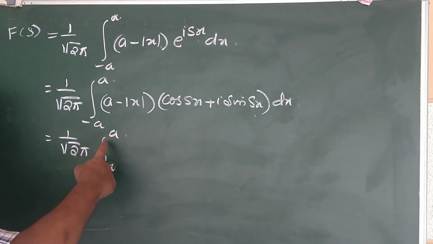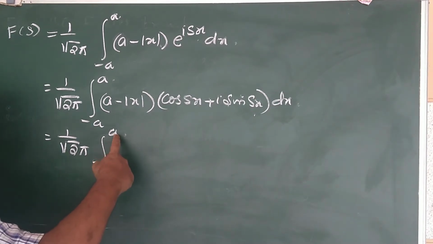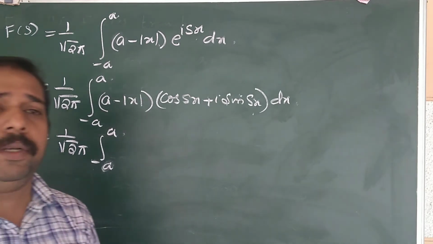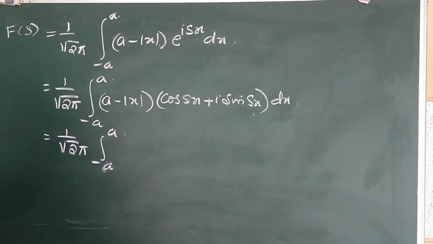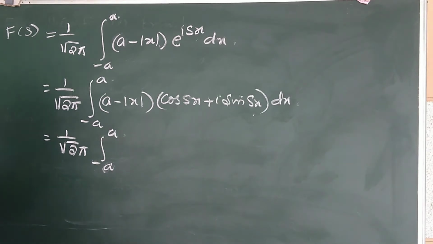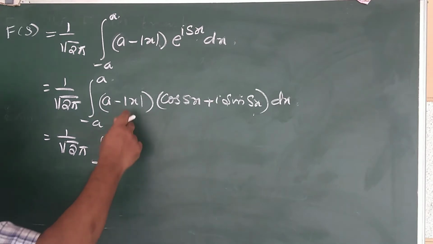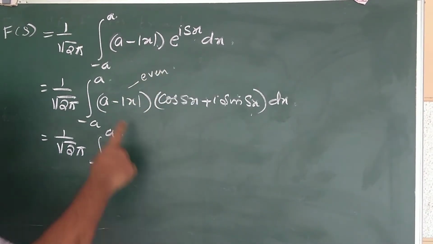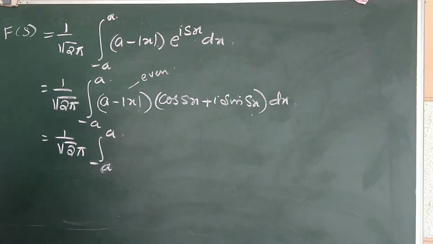Since the limit is minus a to a, we have to verify whether the given function is even or odd. The limit is minus a to plus a. So modulus x is an even function, so a minus mod x is an even function.